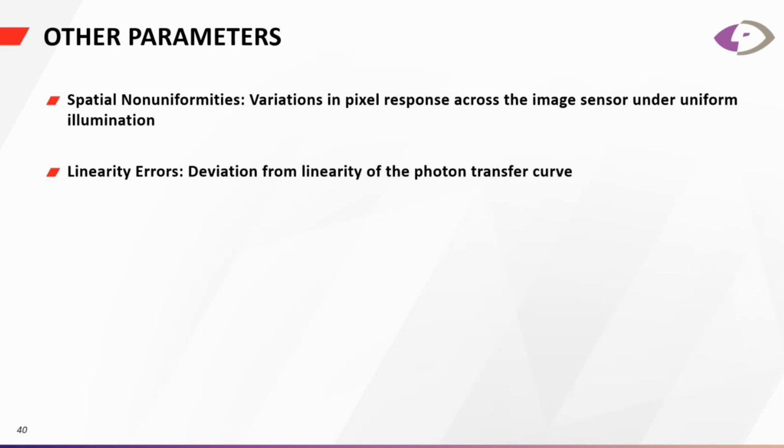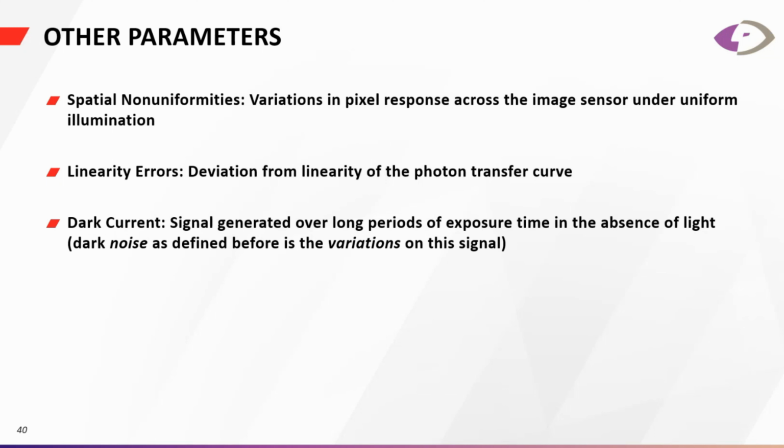You have your dark current, and this is not temporal dark noise. That's why it's very important in this webinar that we are calling it temporal dark noise. Dark current reported is not that; it is the signal generated over long periods of exposure time in the absence of light. The temporal dark noise, as defined before, is variations on that signal.